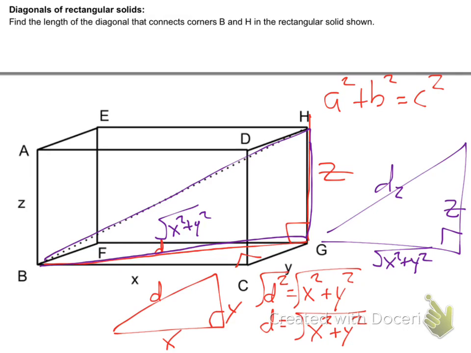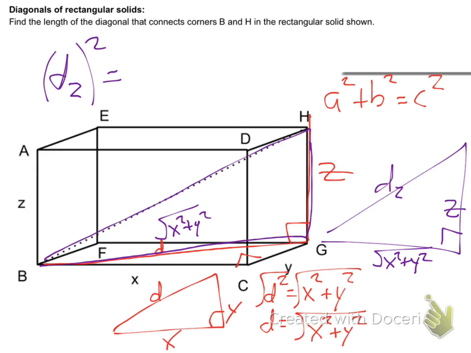We're losing space. Isn't that the same thing as saying D2 squared is equal to the quantity square root of X squared plus Y squared, squared, plus the height squared?